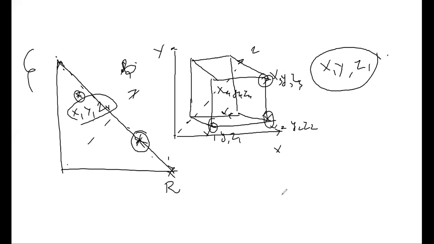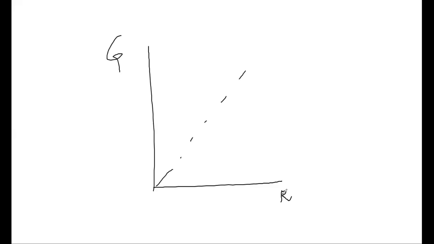To make it more and more clear, in RGB space, R, G, and B here.